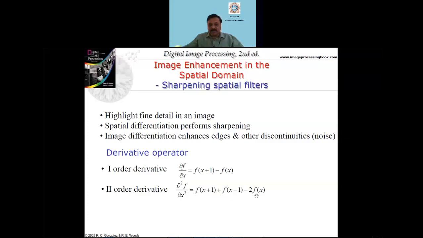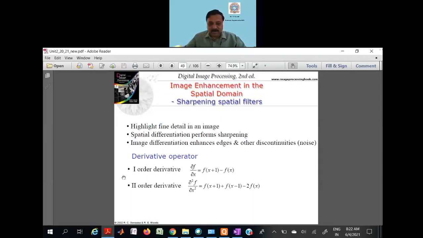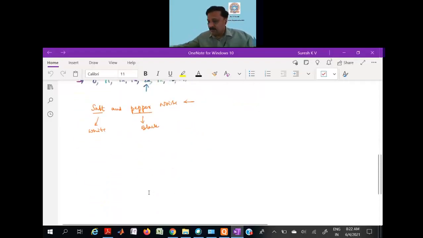That means I am applying the difference operation or the derivative operation twice. That is why it is called a second order derivative. This is for a one dimensional signal. So I can even show this on a simple example of 1D. Let me just close the video.